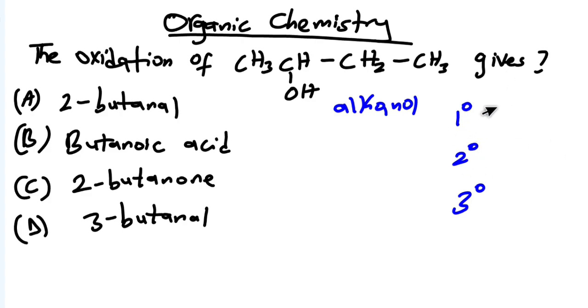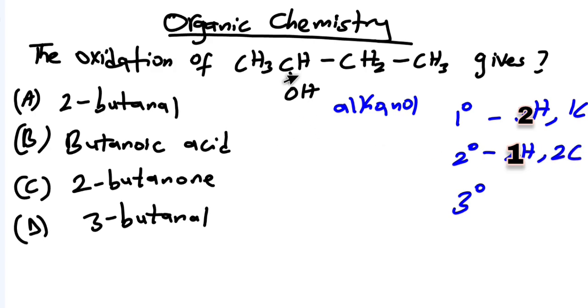For a 1 degree alcohol, the carbon carrying the OH is attached to just 1 carbon, with 2 hydrogens. If it is a secondary alcohol, the carbon carrying the OH is attached to 1 hydrogen and 2 carbons.